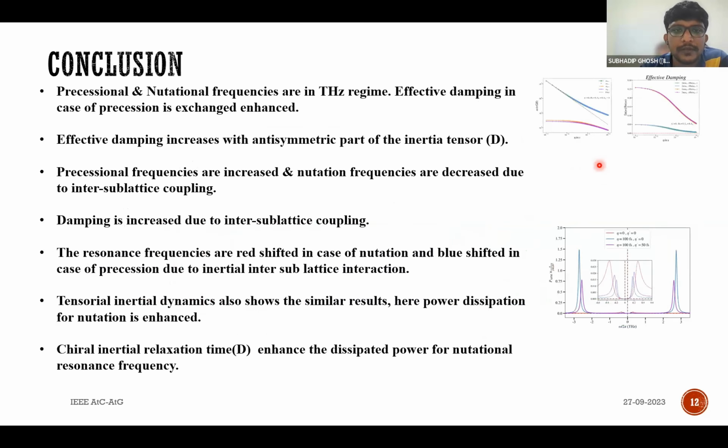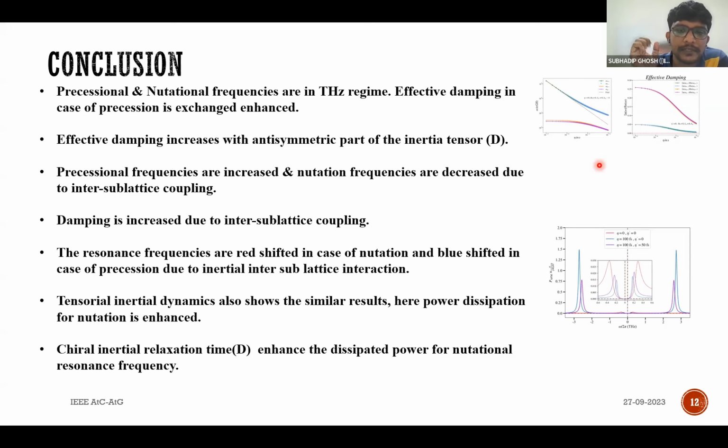So the main highlights of this work are: due to the inertial effect, the precessional frequency reaches the terahertz region, which is a lot faster than normal precessional motion. And the effective damping is enhanced due to the exchange and anisotropic interaction between the antiferromagnet sublattices. Effective damping increases with the anisotropic inertial tensor D. Precessional frequency increases and nutation frequency decreases due to the inter-sublattice coupling.